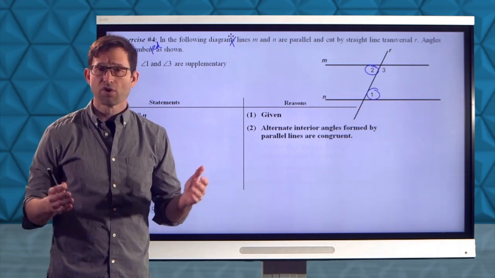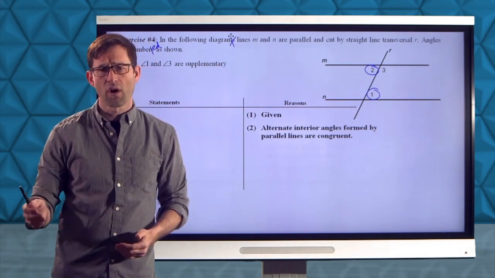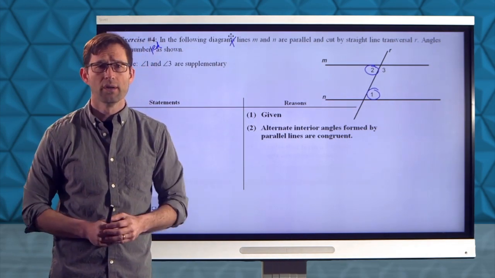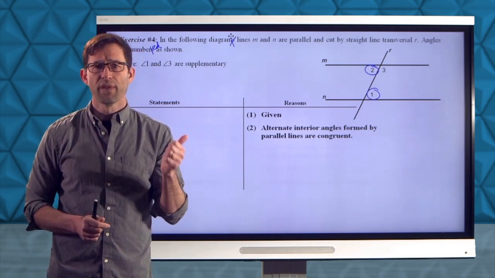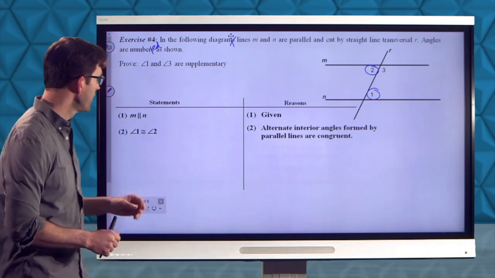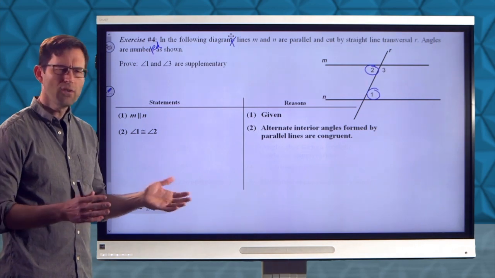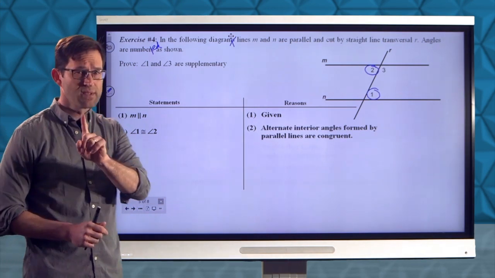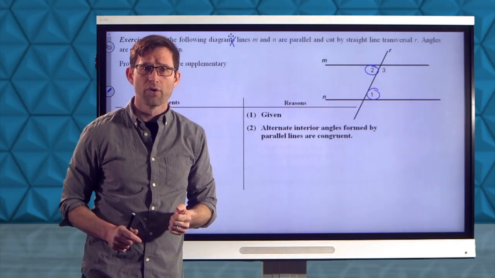All right? Maybe I should even get deeper into it. Alternate interior angles created when two parallel lines are crossed by a transversal are congruent. Okay? The point is that you need to establish the fact that they're alternate interior angles and that there's parallel lines involved in order to get 1 and 2 to be congruent. So 1 and 2 are congruent. But ultimately, it's not what I'm trying to prove. I'm trying to prove 1 and 3 add up to 180 degrees.